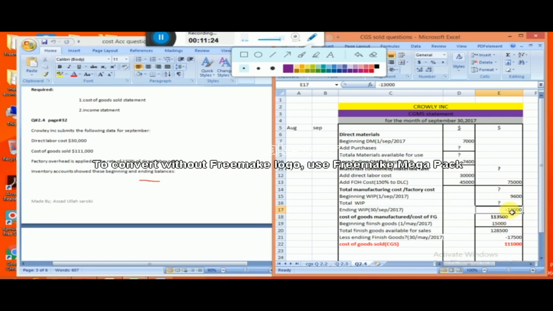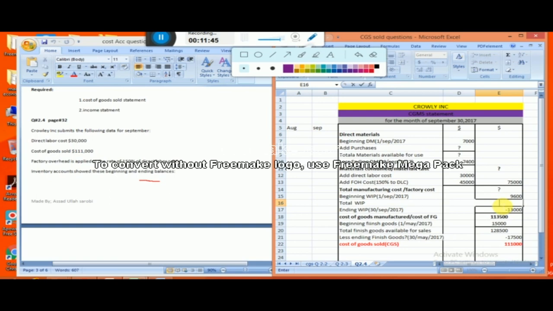Now ending work in process 13,000. So now 1,13,500, we will not minus, we will add. Why? Because now we want the total manufacturing process, so total work in process.